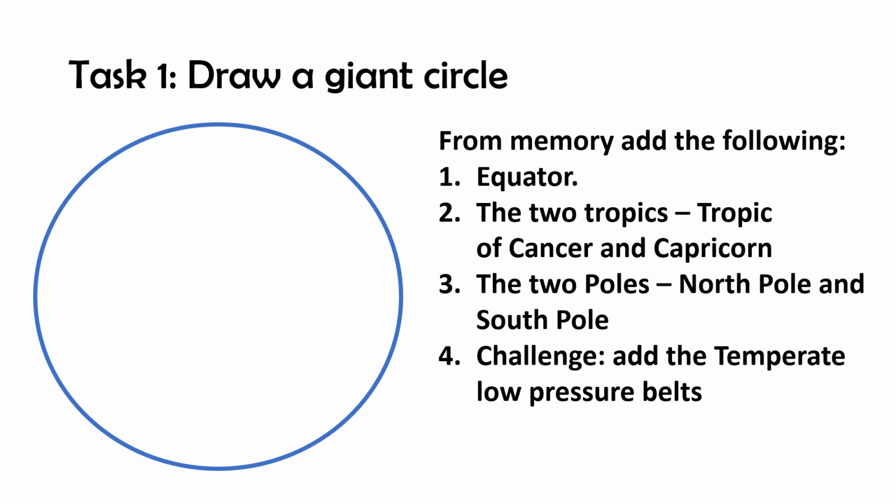So draw a giant circle, and from memory I want you to think to yourself, where is the equator? Think about the 2 tropics, Tropic of Cancer and Tropic of Capricorn. Where are they located? And think about the 2 poles. Think how you would add that to this giant circle.